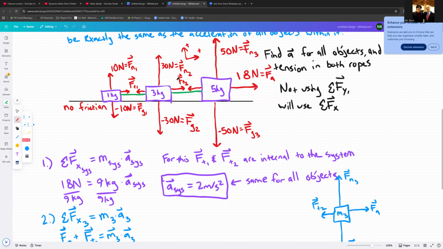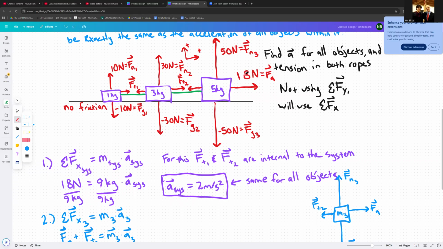The tension FT2, pulling to the right from the rope, that is because of their 18 Newton force. So indirectly, the person is resulting in a force of tension, FT2, that is acting on the middle object, but the person is not acting or pulling directly on the 3 kilogram or the 1 kilogram objects.